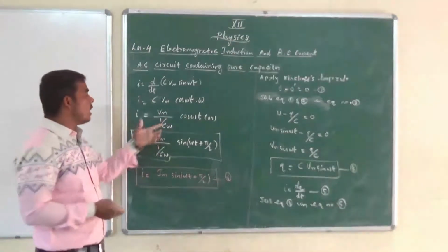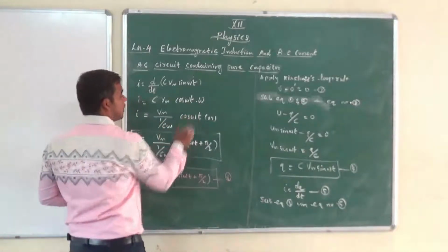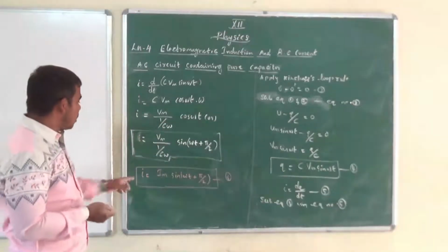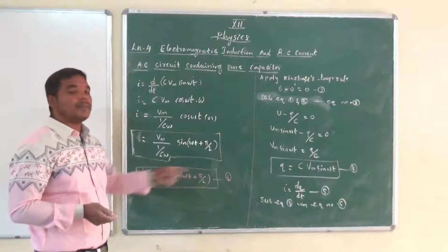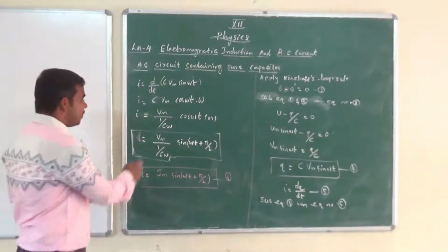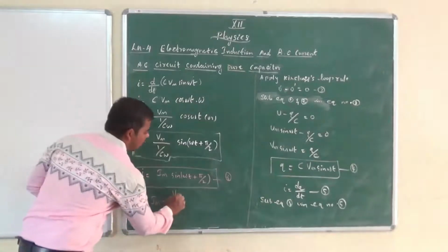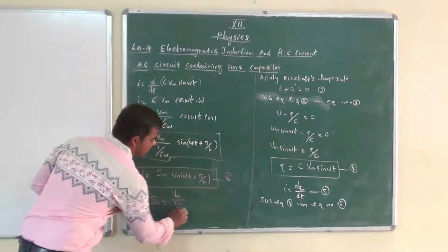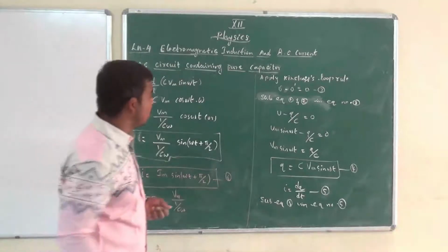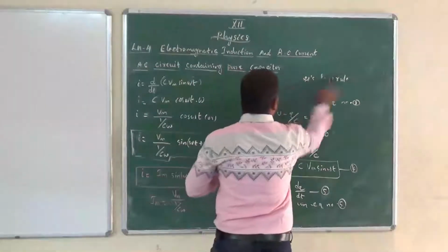Don't get confused about why we write the equation like that, because it is necessary. So I is equal to Im sin of omega t plus pi by 2. How does Im appear here? Im is nothing but Vm divided by 1 by C omega.